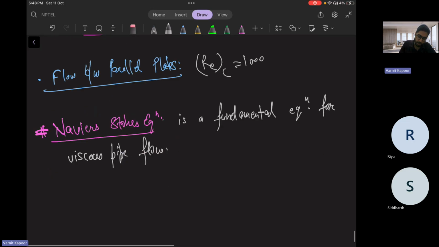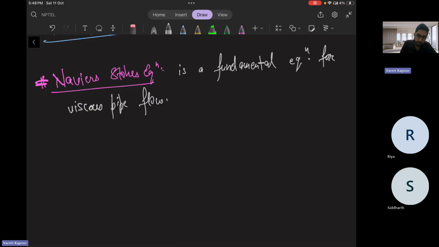Okay. And what are the applications of this Navier-Stokes equation?